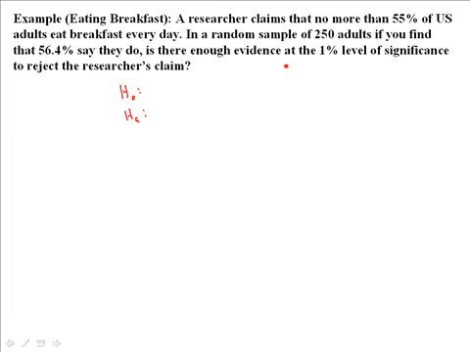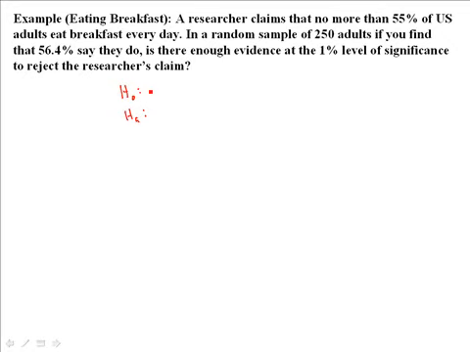So what is the claim that's being made, and what's the proportion that we're after here? There's a 55% up here, but there's also this 56.4%. The 56.4% comes from our sample, so that's not going to be the population proportion. So it's the 55%.